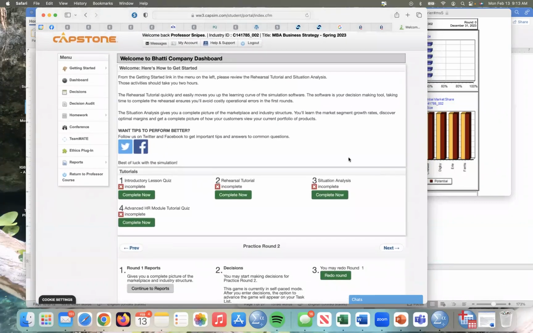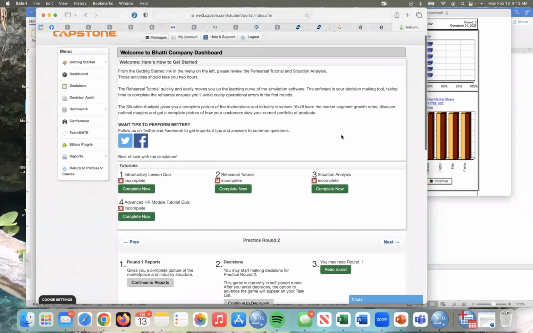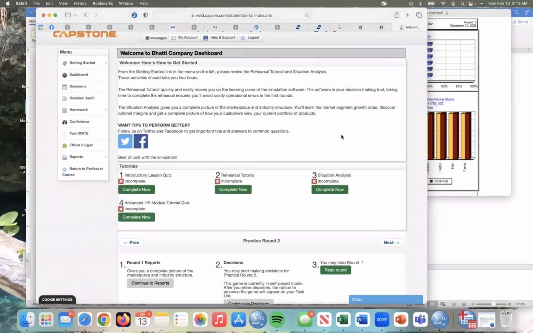You can go all the way through the 4 rounds if you want to, but keep in mind there's a new menu in round 2, the HR menu, with 2 new decisions. Watch the tutorial for that. And in addition to that, in round 3, there will be another menu called the TQM, Total Quality Management menu, that we'll talk about next week.